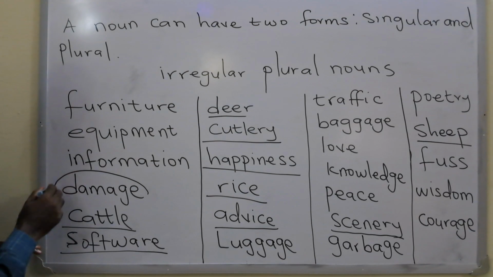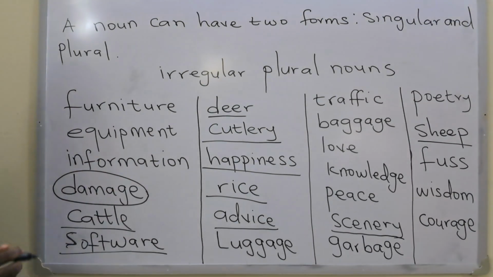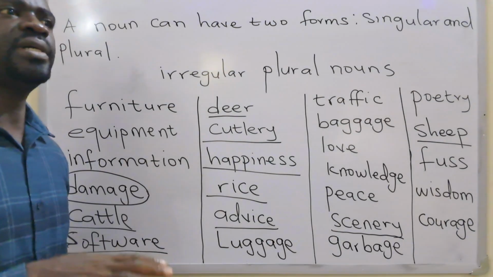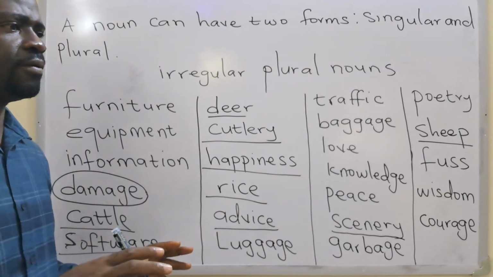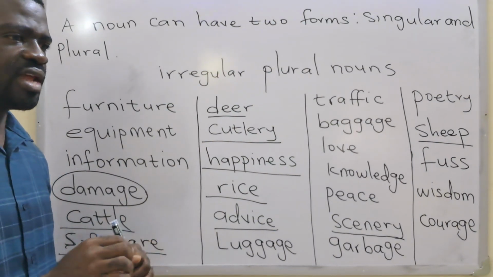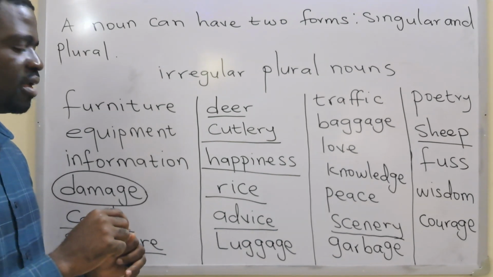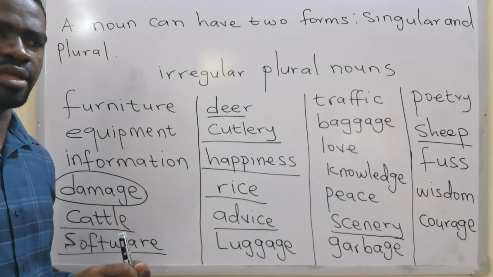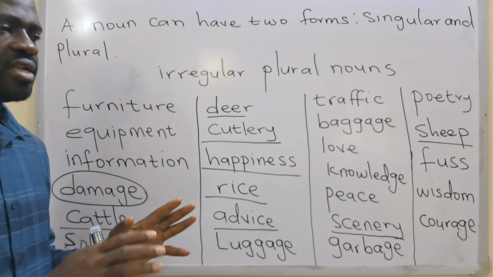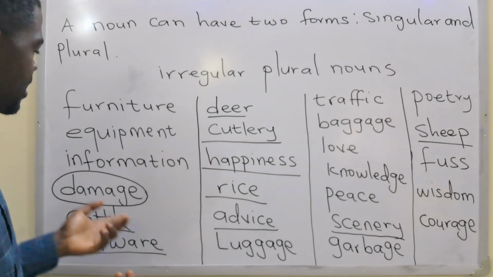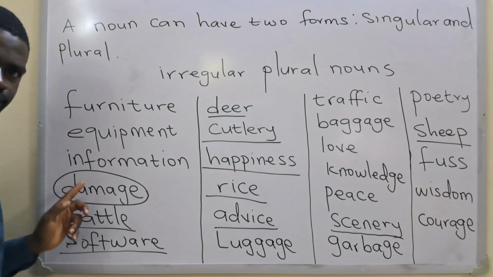Damage, this one is a bit special, unique. Damage, if there is a destruction to a particular thing, maybe you have something that has been deformed, or a harm has been caused to a particular thing, such that it is not in its original form again, you can say it has been damaged.